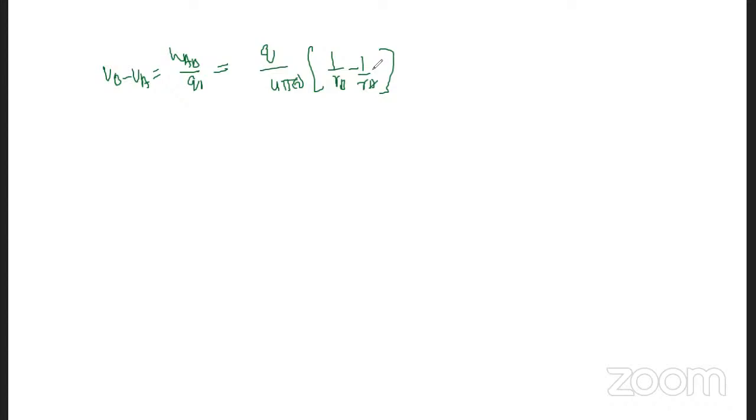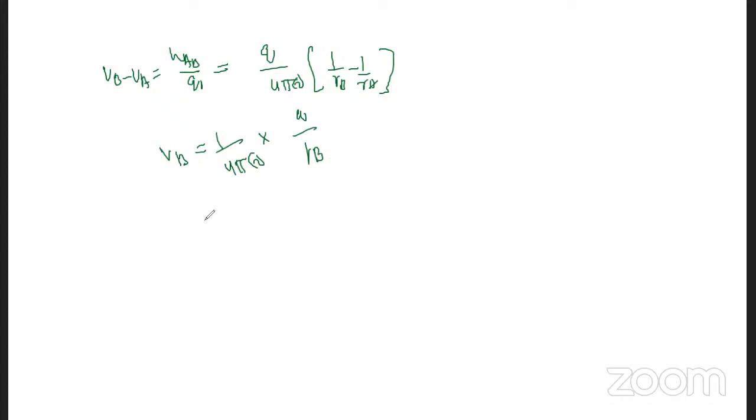Suppose you want to find out the potential at a particular point B, the reference point is taken as infinite. So if you take reference point A as infinite, the VB value you are going to get is 1 by 4 pi epsilon naught into Q by RB, because A is infinite, so that term will not be there.